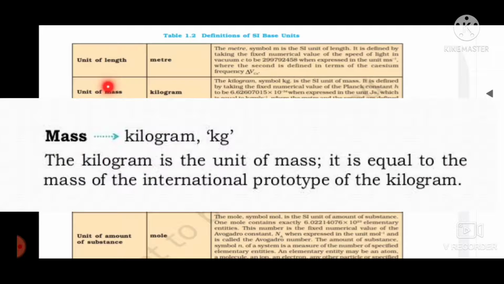Next is mass. The unit of mass is kilogram. A kilogram or kg is equal to the mass of the platinum iridium cylinder known as the standard kilogram, kept at the International Bureau of Weights and Measures at Sevres, France.